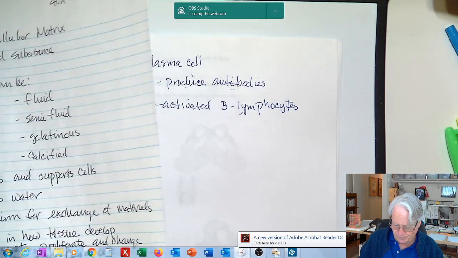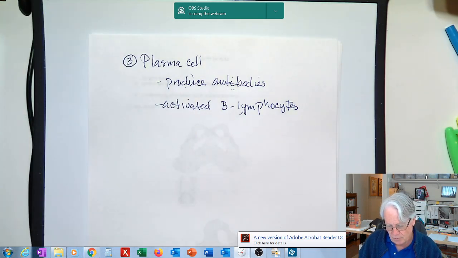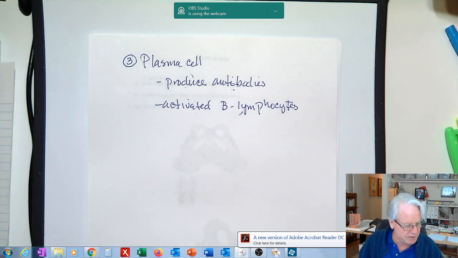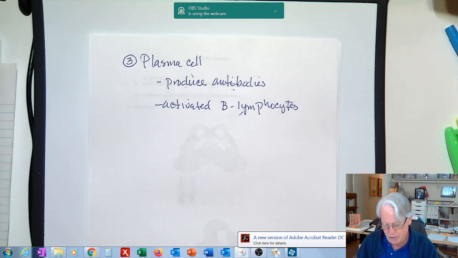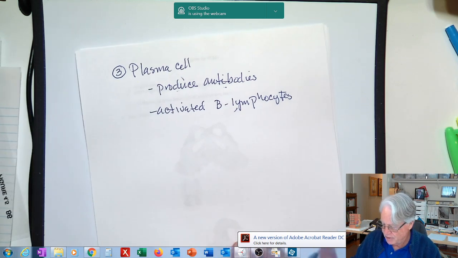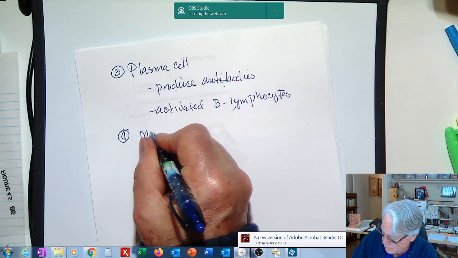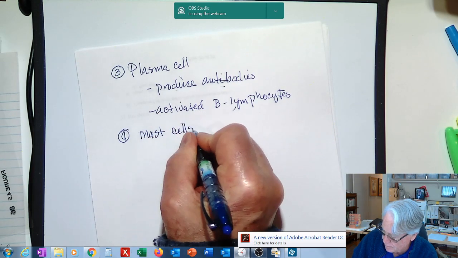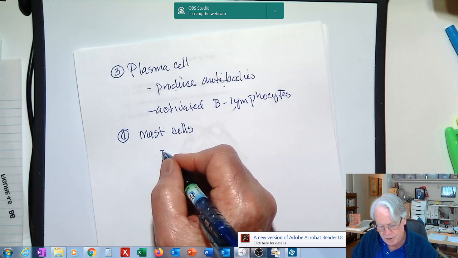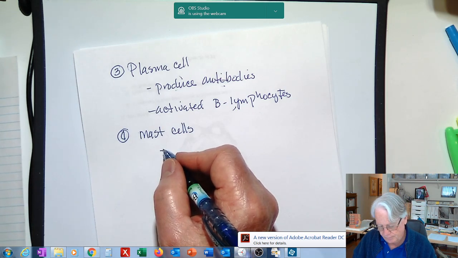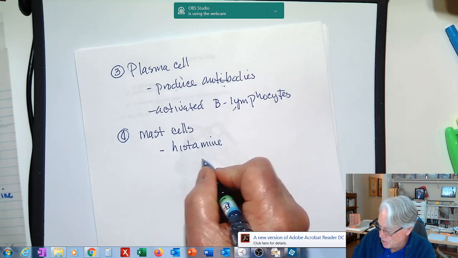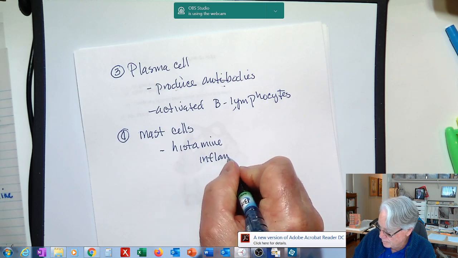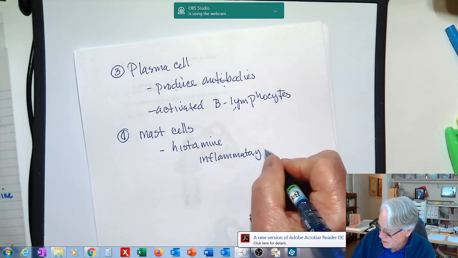What else? We also have a variety of other cells, and I am missing my other notes. So let's go back, and I'm just going to wing this. So we have mast cells. And mast cells are going to produce a chemical called histamine, which is part of the inflammatory response.